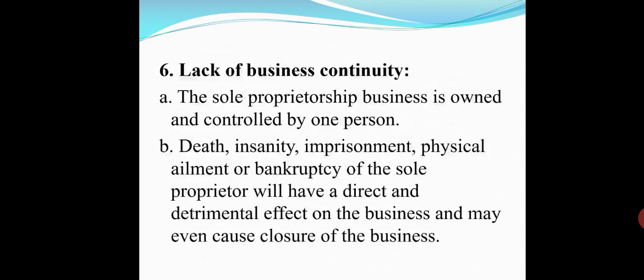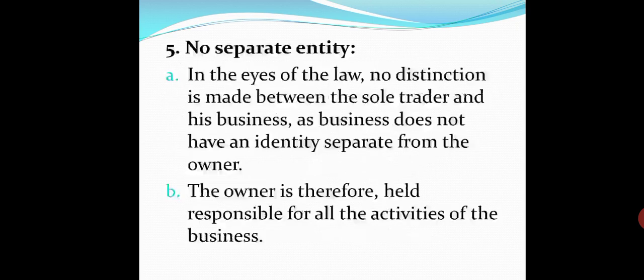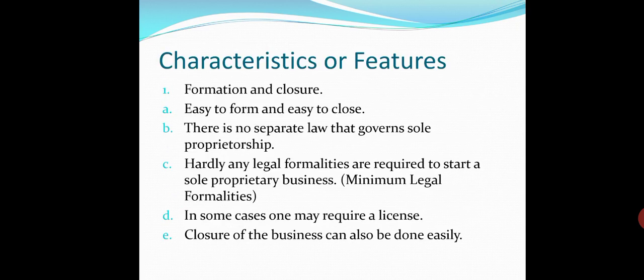Means there is no money with you; your liabilities, you're supposed to pay more than what you have. That is what we call bankruptcy. So in these cases, what is the ultimate outcome of a sole trading concern? It is closure of the business. So it lacks continuity. So these are the 6 important features of sole trading concern.